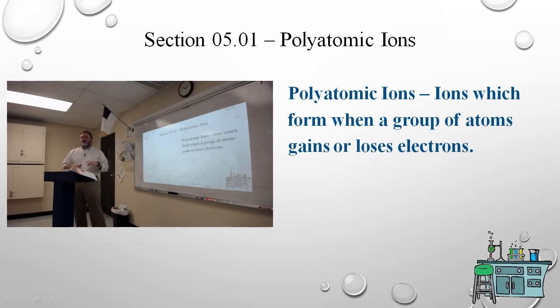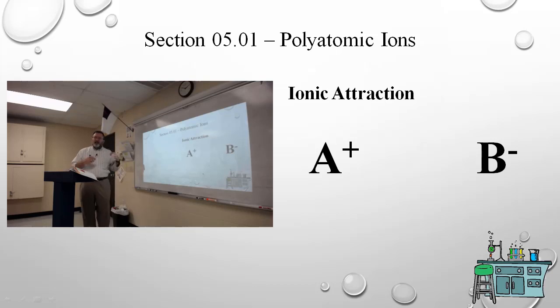So, big picture, here's what we're looking at. In the last module, we looked at ionic attraction. We have 2 atoms, let's say, a metal and a nonmetal. The metal wants to ionize and become positively charged, and the nonmetal wants to ionize by gaining electrons and becoming negatively charged.